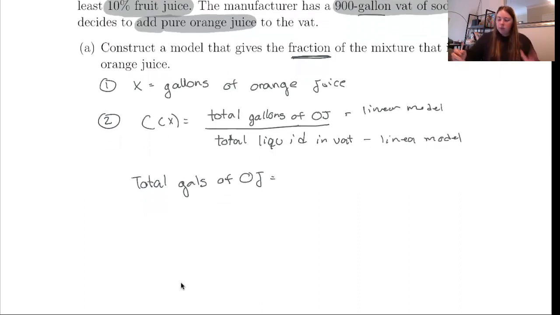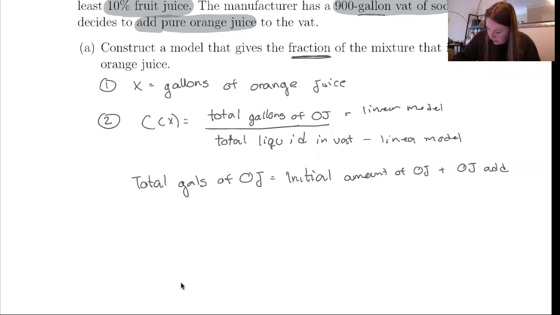So total gallons of orange juice are going to be my initial plus whatever I add. So the total number of orange juice in the vat is going to be what was already in there plus what I'm adding on top of it.